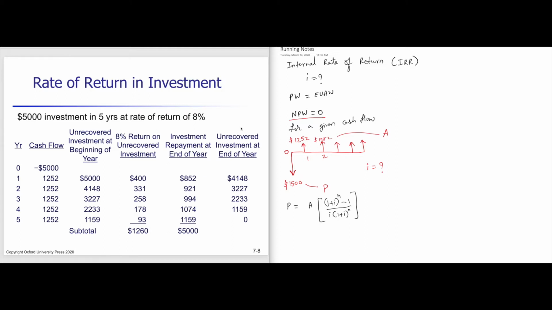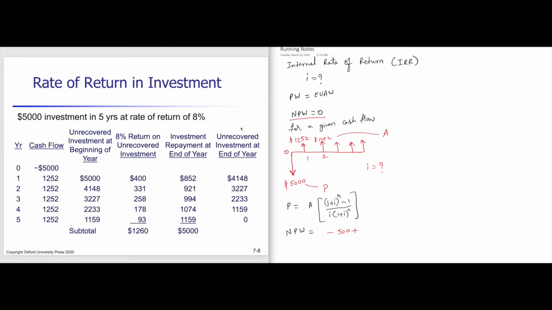So let's do the net present worth. Let's calculate this. The net present worth is, already we have a negative 1500, right? Plus, because all the A's are positive, I'm sorry, I think this is a negative 5000, right? So let me write negative 5000.